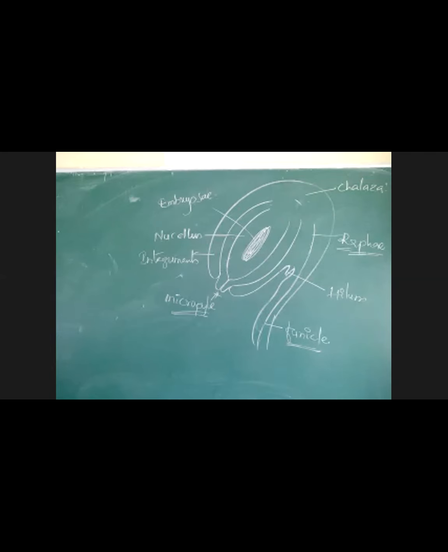Next point. In an inverted ovule, the funicle fuses with the main body and forms a sort of ridge called the raphe, R-A-P-H-E.